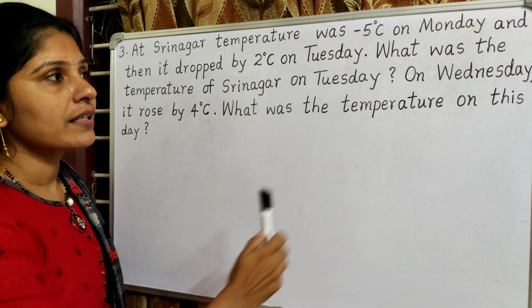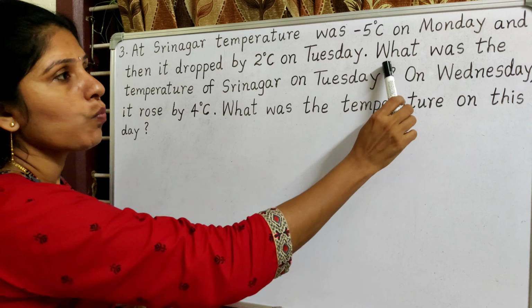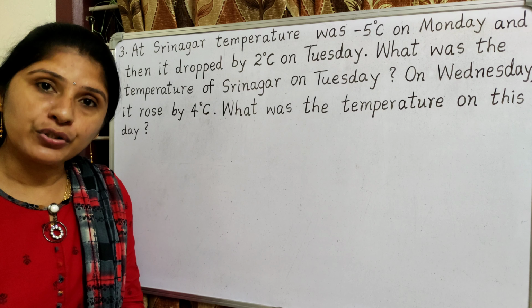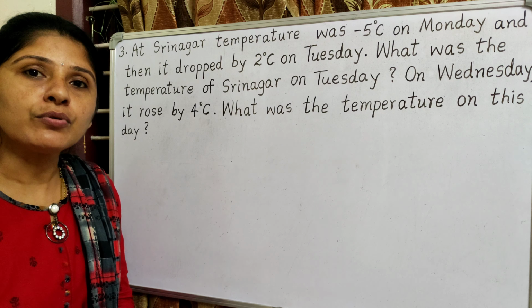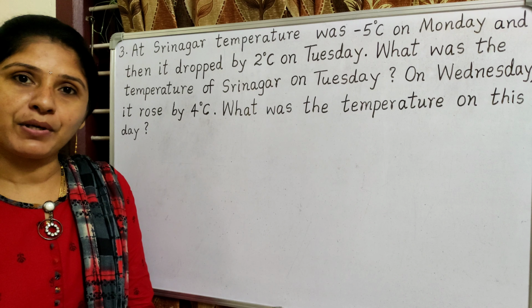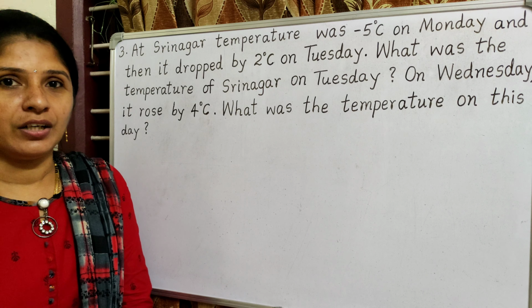The question is, what was the temperature of Srinagar on Tuesday? To find out the temperature on Tuesday, we have to minus 2 degrees Celsius from minus 5 degrees Celsius, because on Tuesday 2 degrees Celsius temperature was decreased.